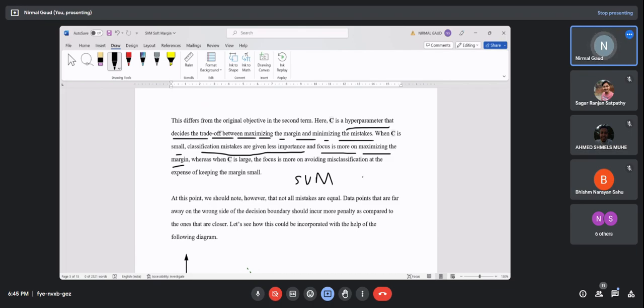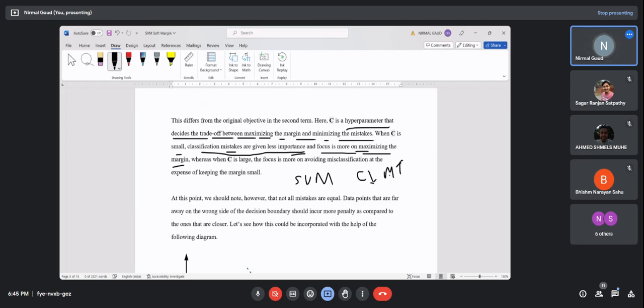So here they said if the value of C is small, that means you are doing the classification, less importance is given to the mistakes, and your focus is to make the margin wider.